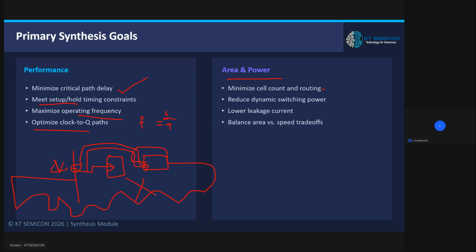Why? Because it may throw many errors, and my routing increases. Routing means wire length, and when wire length increases, timing also increases. So we need to minimize routing as much as possible, and reduce dynamic switching power.